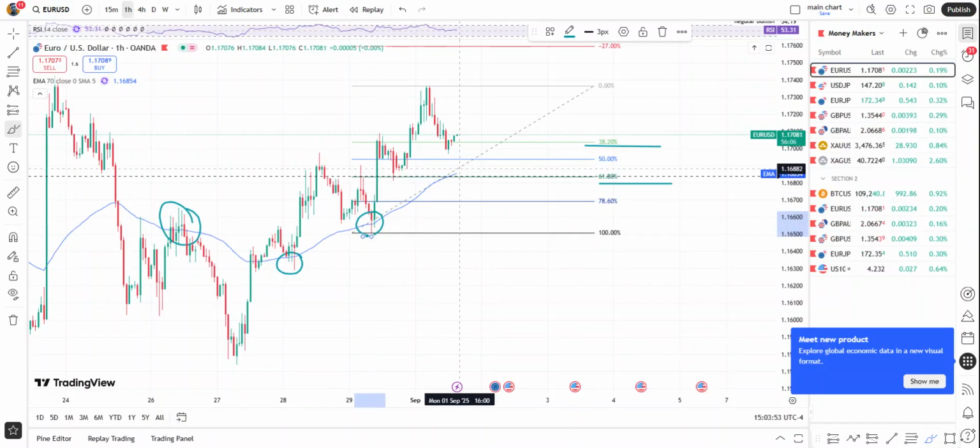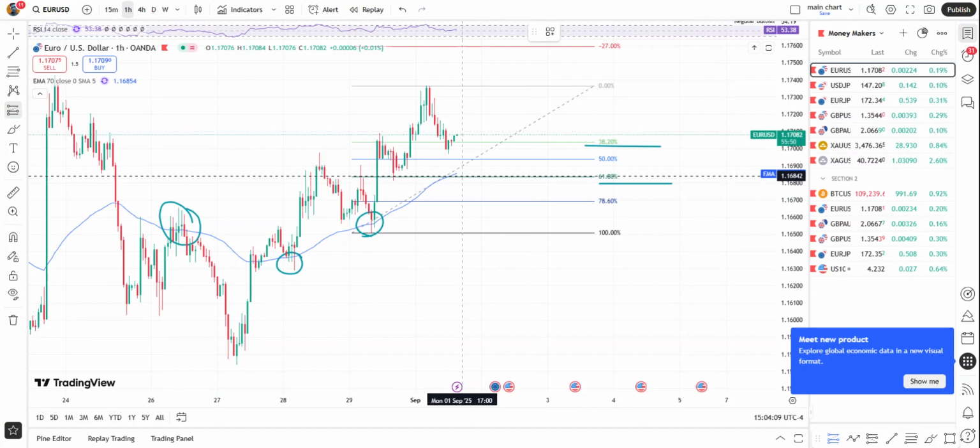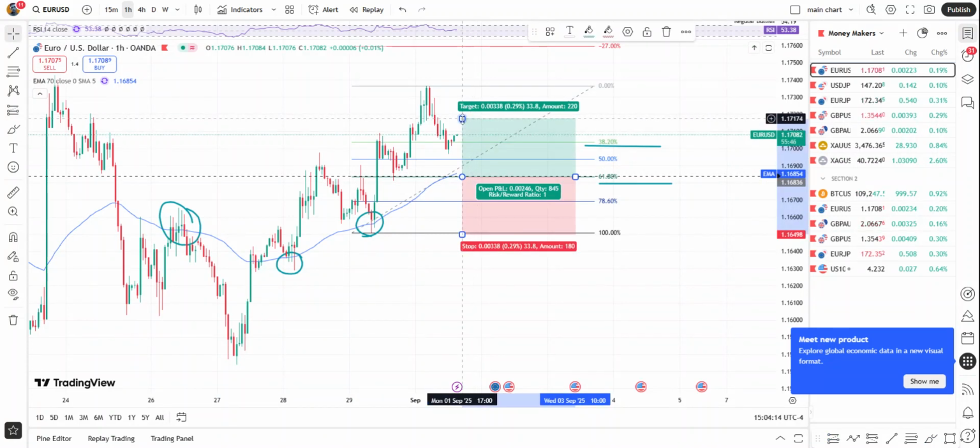So the next spot where this aligns with the Fibonacci retracement is the 61.8 level, which is why I have my alert set up there. And this is why I would be putting a buy limit in this area as well for a long position here.